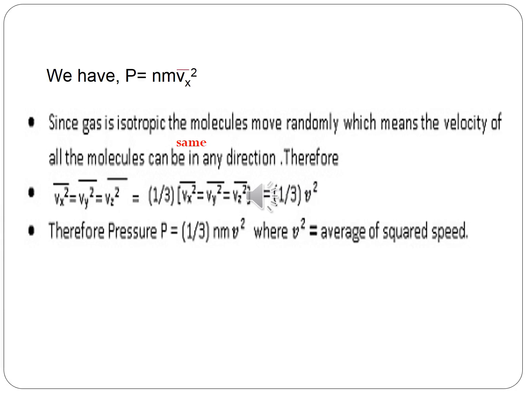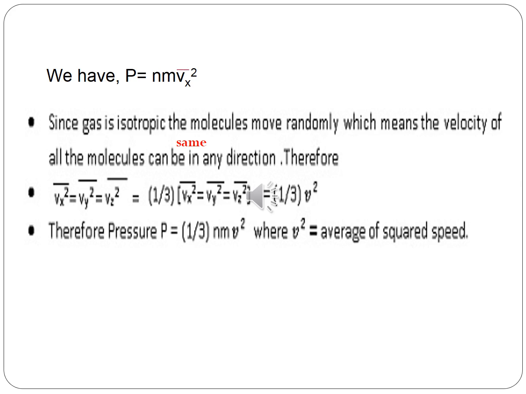We have pressure P is equal to n m times the average value of v squared. Suppose the gas is isotropic, it means that the velocity of the molecules can be the same in any direction.